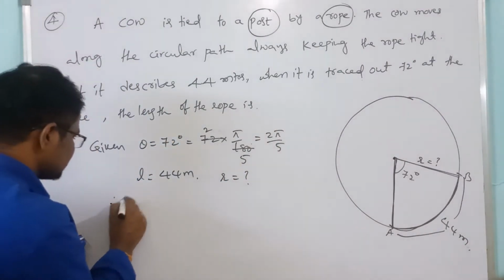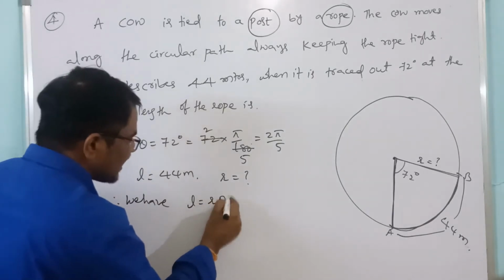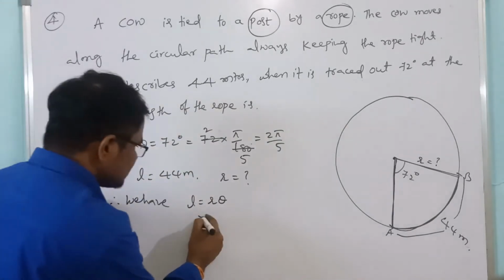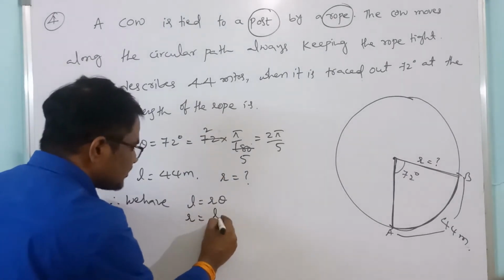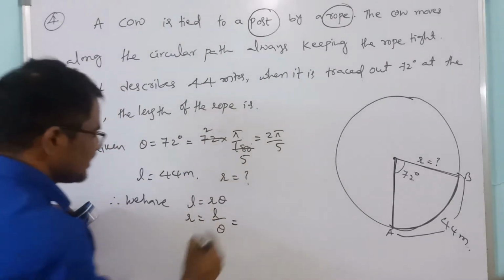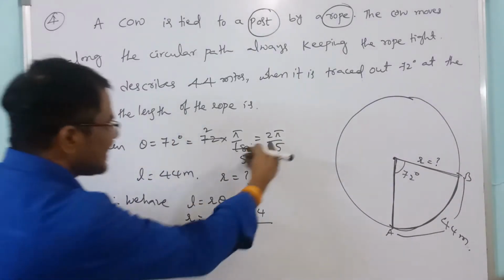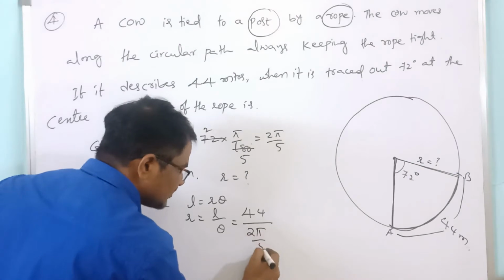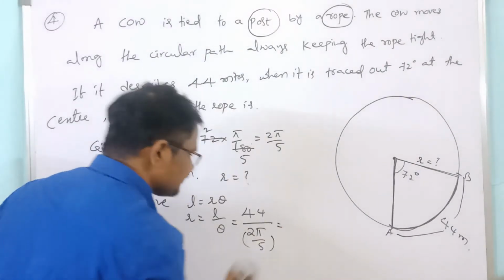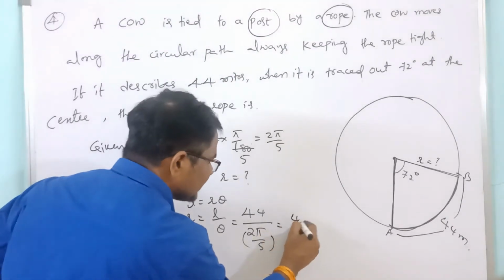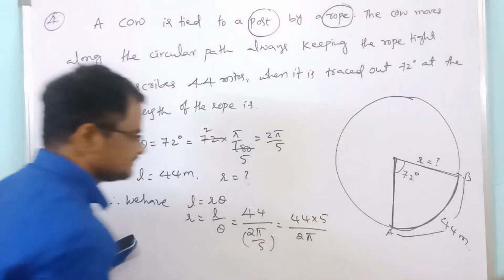Now we know that L equals R theta, and we have to find R equals L by theta. L is 44 divided by theta, which is 2 pi by 5. So that is 44 into 5 divided by 2 pi.